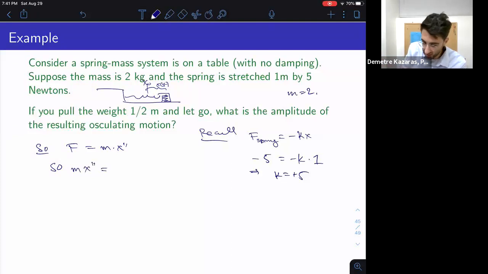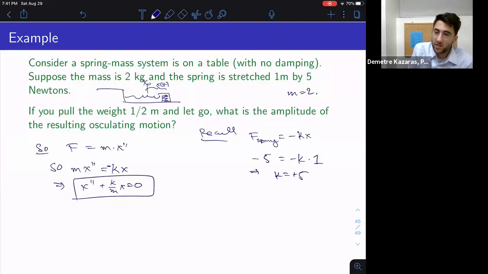It's from the spring, and it acts like K times x with a minus sign. In other words, x double prime plus k over m x is 0. That's the differential equation that describes this motion.